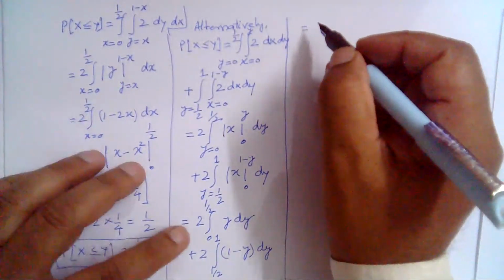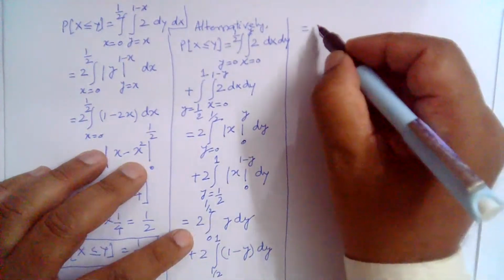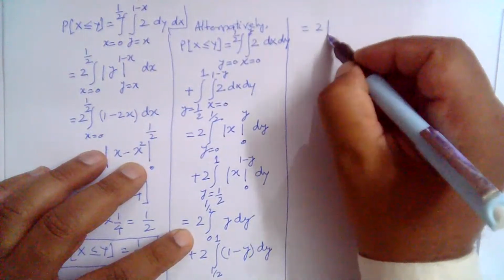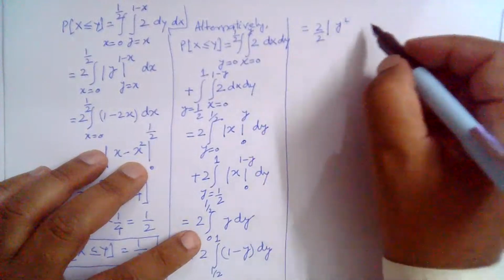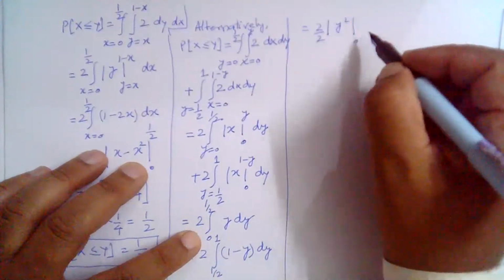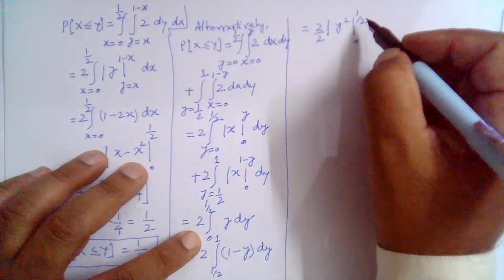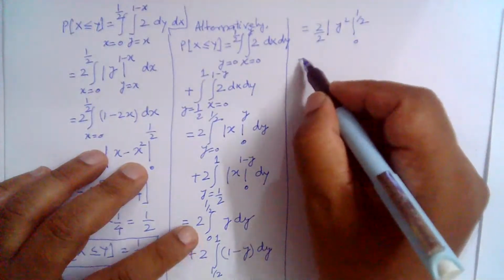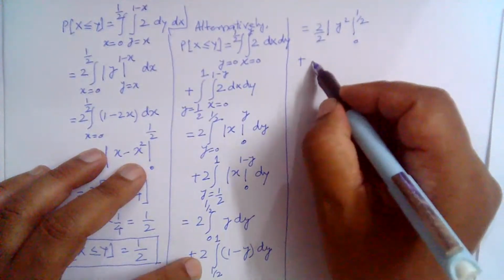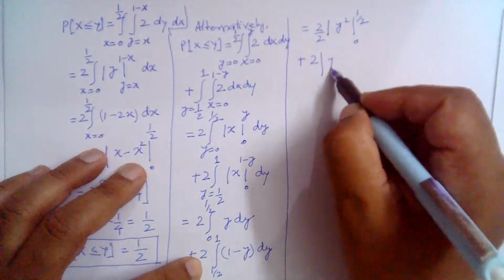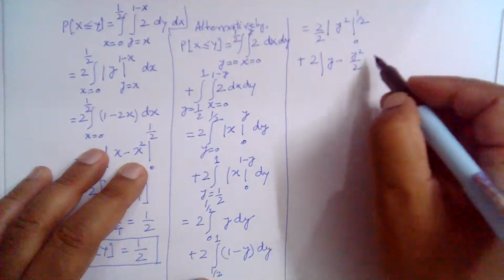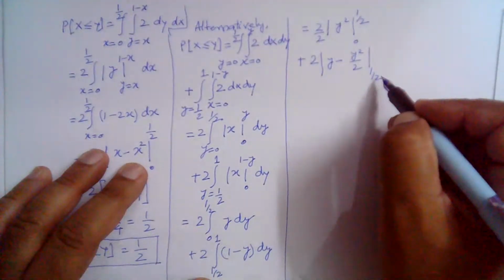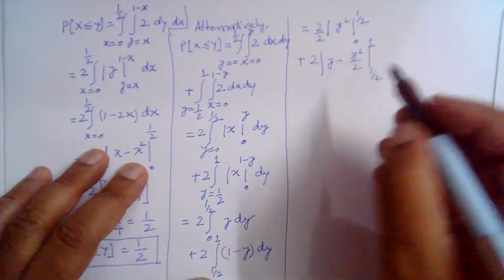So this is y square over 2, 2 into y square over 2, and the limits are from 0 to 1 over 2. And plus we have 2, and this is y here, and minus y square over 2, and the limits are from 1 over 2 to 1.